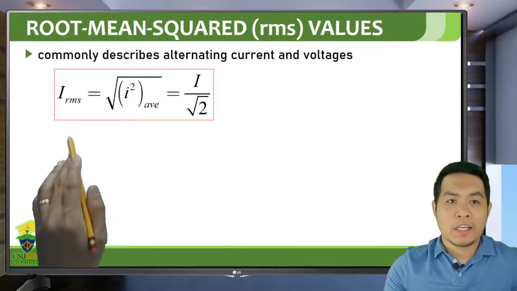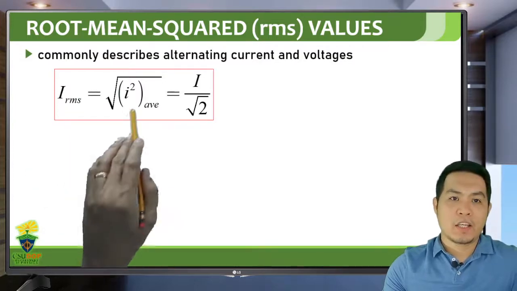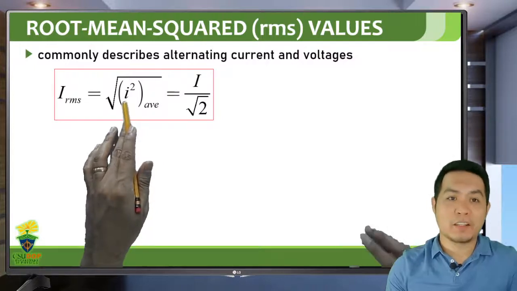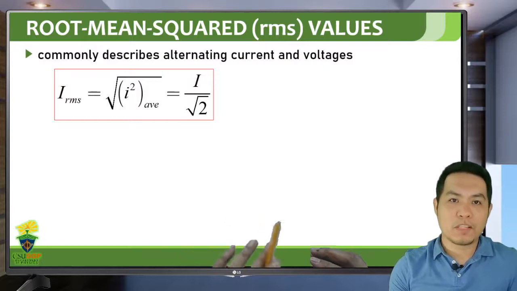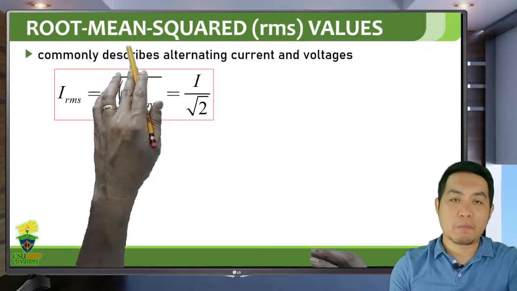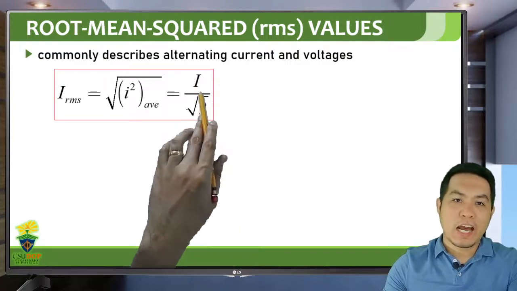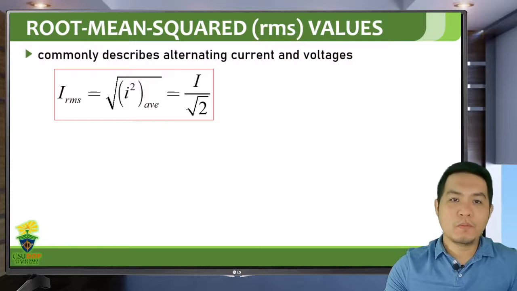For the root mean squared current, IRMS, you square all the values of the current, then you take the average, and then you get the square root. So you square it first, take the mean, and then take the square root. And you will get I, the maximum amplitude, over square root of 2.